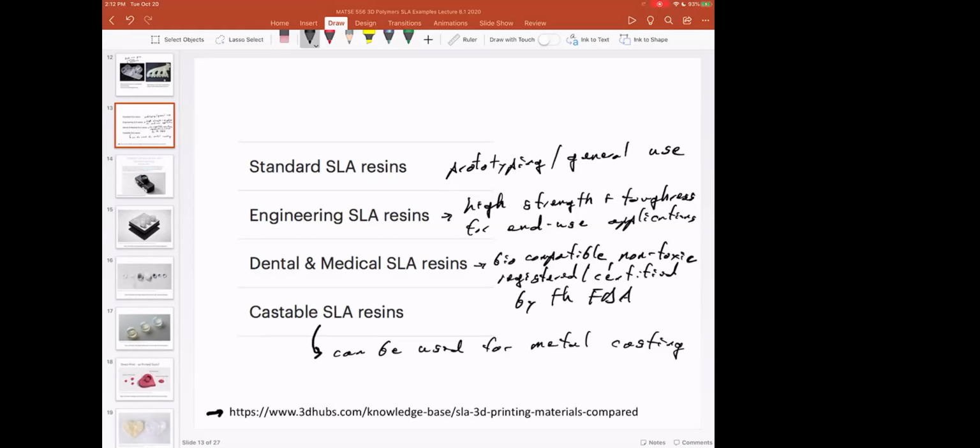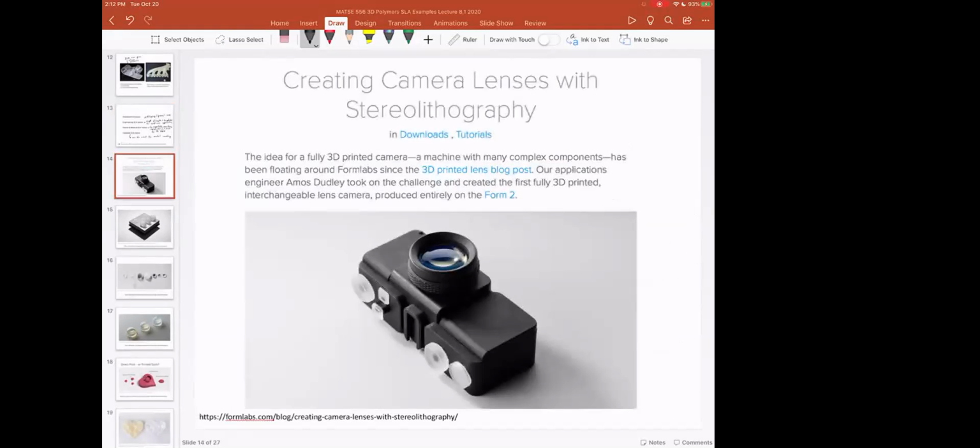All right, so this is just one example right here, and this is to make a really clear SLA, or to make the lens in this camera. But what's cool about this picture right here is all parts were made with SLA.